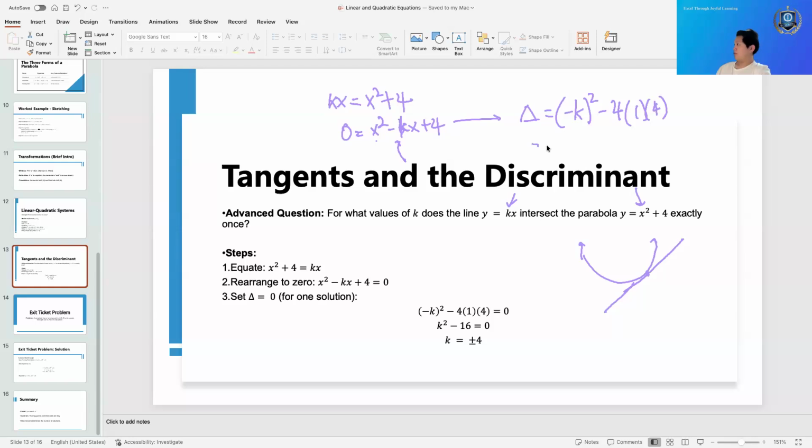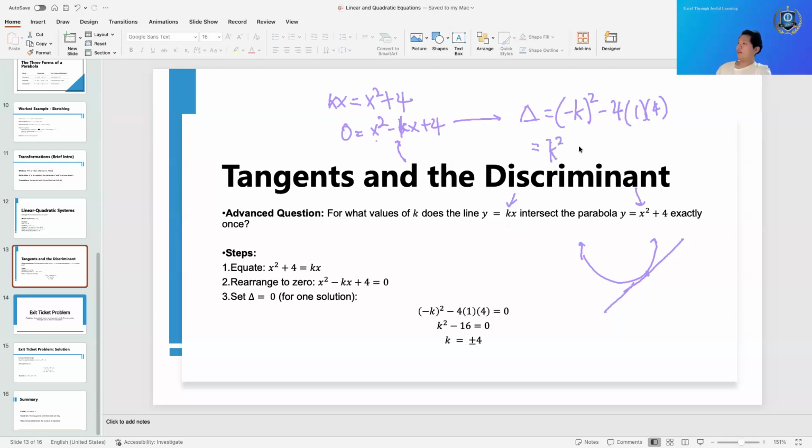So I'd eventually get what? When I square negative k, I have what? 2k? You sure? Negative k times negative k. Just k squared. Good, k squared, right?